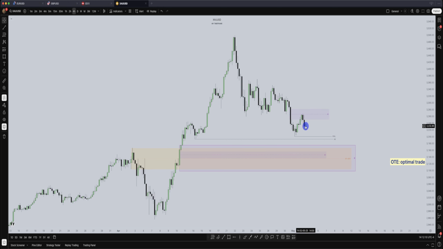As you can see, price already broke the structure. Okay, all this was liquidity. As you can see, this is not support, this is liquidity. Okay, price took all that liquidity.